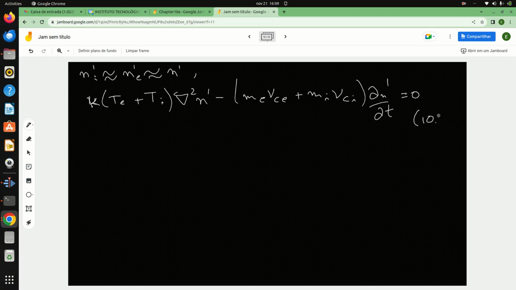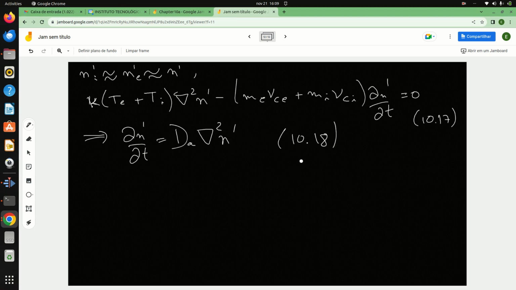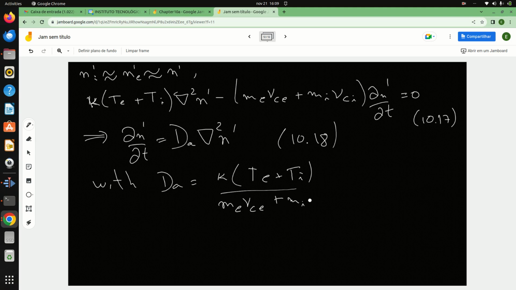So we get K, this is Boltzmann constant, TE plus TI Laplacian minus ME nu CE plus MI nu CI del N del T, which will lead to this equation: dA times the Laplacian, with dA equal to K TE plus TI over ME nu CE plus MI nu CI.